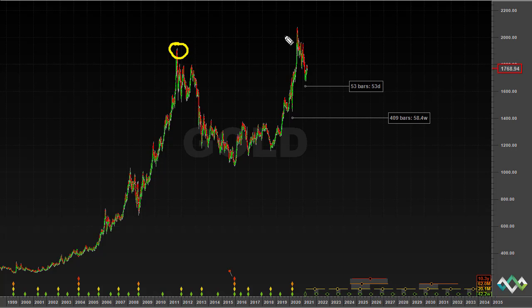In other words, we tend to get sharp and isolated peaks forming in the price of gold, and we get rounded and clustered troughs. You can see that particularly way back over here on the left-hand side of the chart, whereas the reverse is true in the case of stock markets.